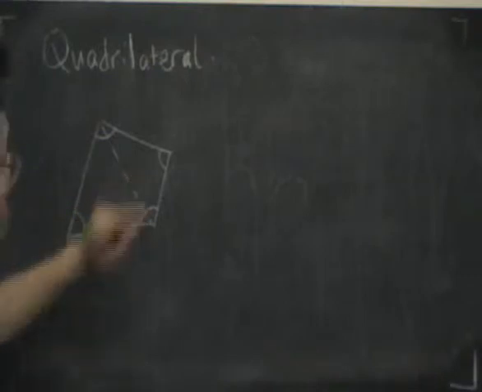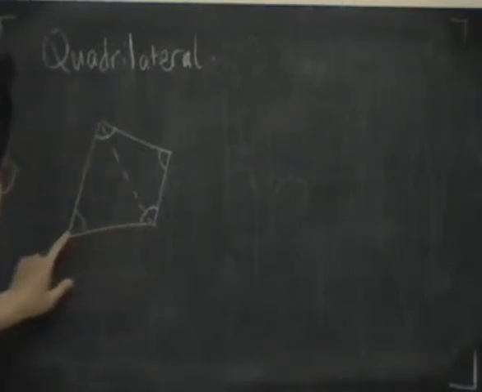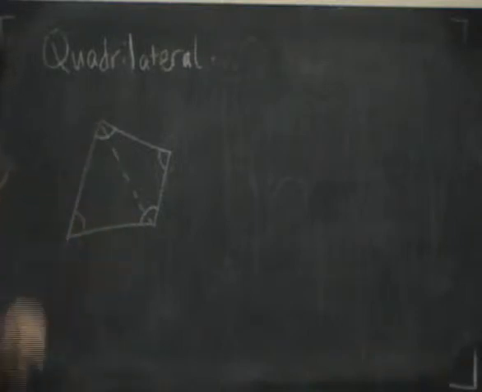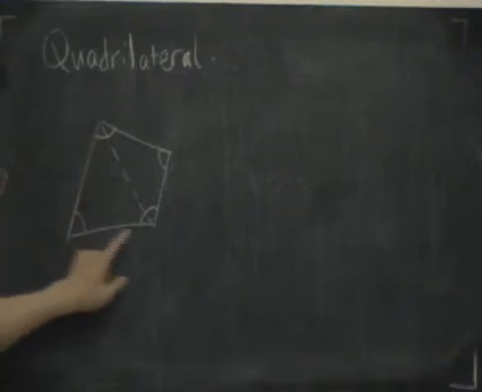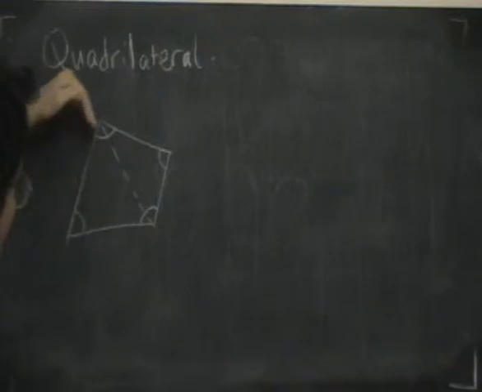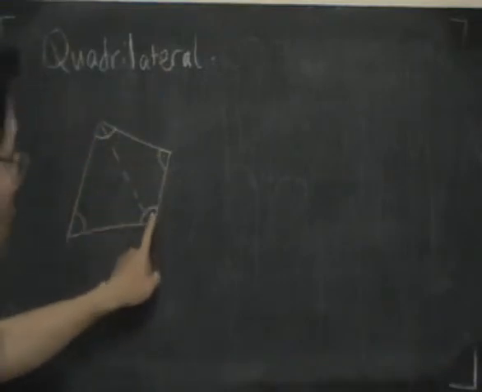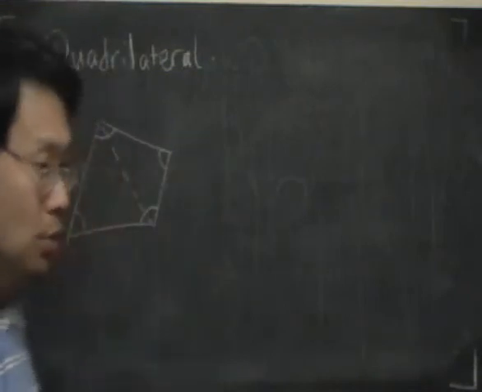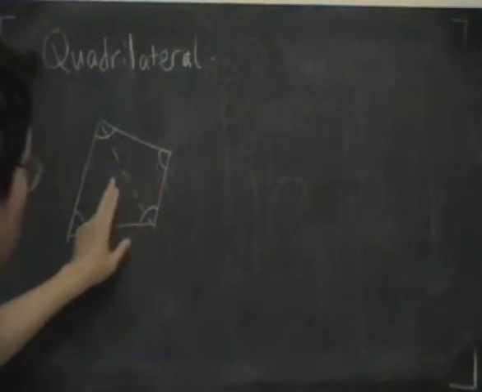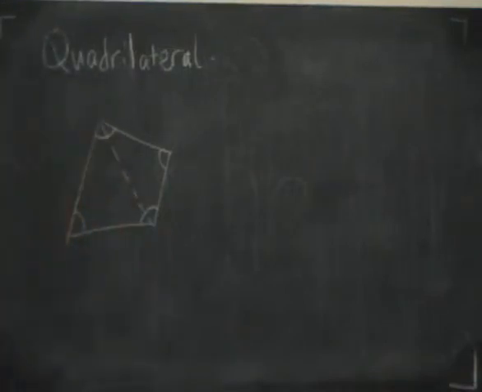So 180 for those three on this side of the line, and 180 for those three on the other side of the line. So 180 plus 180 is 360.